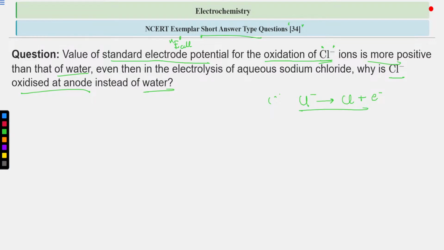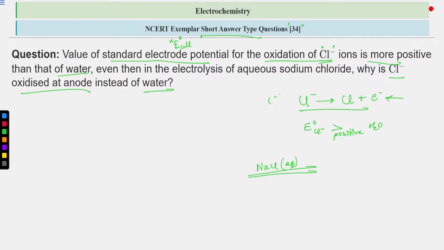Now, water has some electrode potential, and this process also has some electrode potential. We are saying that E naught for the Cl negative is more positive than the water electrode potential. Even then, in the electrolysis of aqueous sodium chloride, NaCl in the aqueous form, why is chloride oxidized at the anode instead of water?